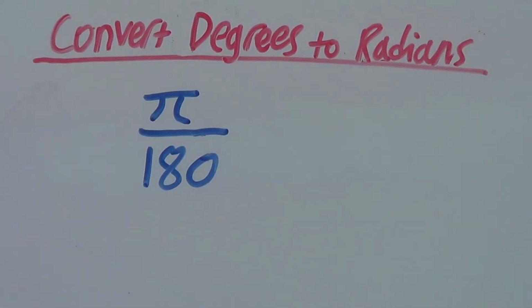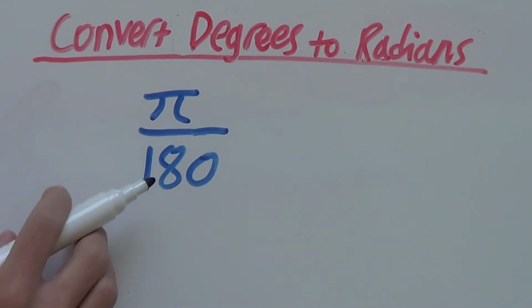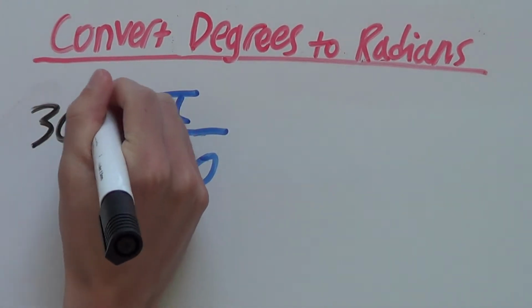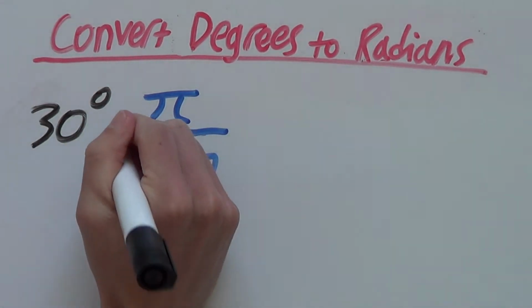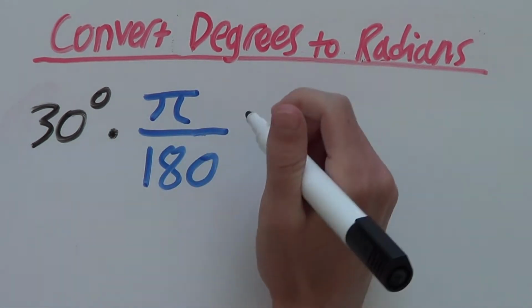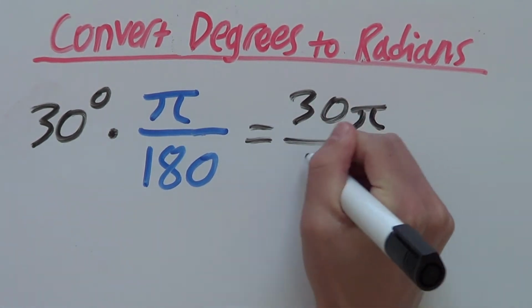So, when converting from degrees to radians, all you have to do is multiply your degrees by pi over 180. So, let's say we have 30 degrees. We multiply that by pi over 180, which gives us 30 pi over 180.